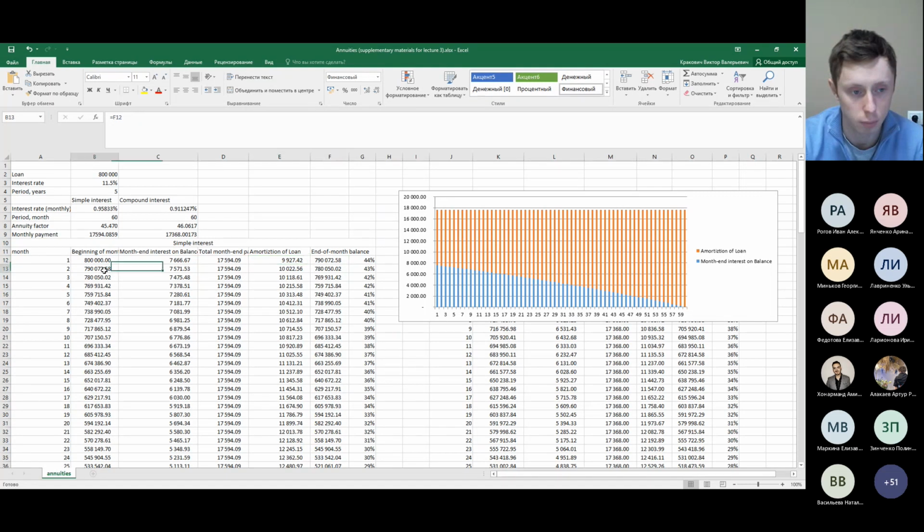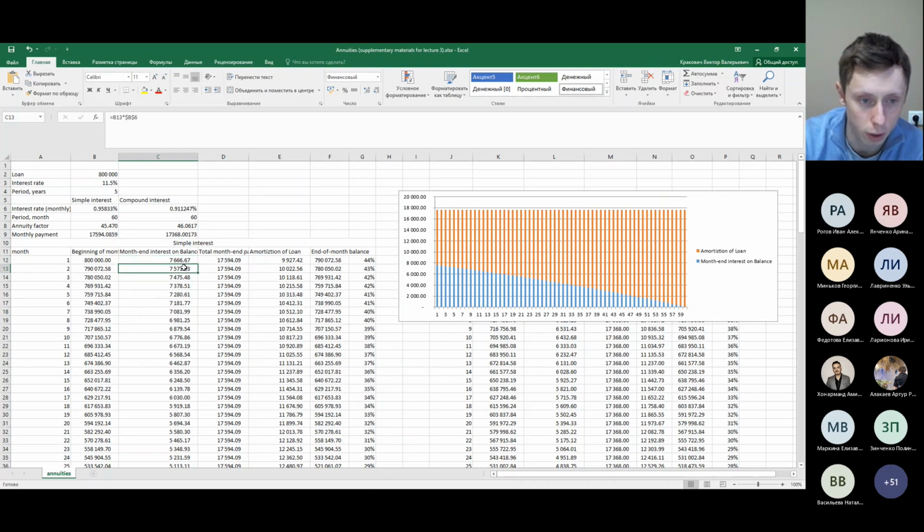And the beginning of the month is the same as the end of the previous month. Next month, we go through the same procedure. The annuity is the same, but as this amount is getting smaller, you see that the payment to cover the interest is getting smaller as well.